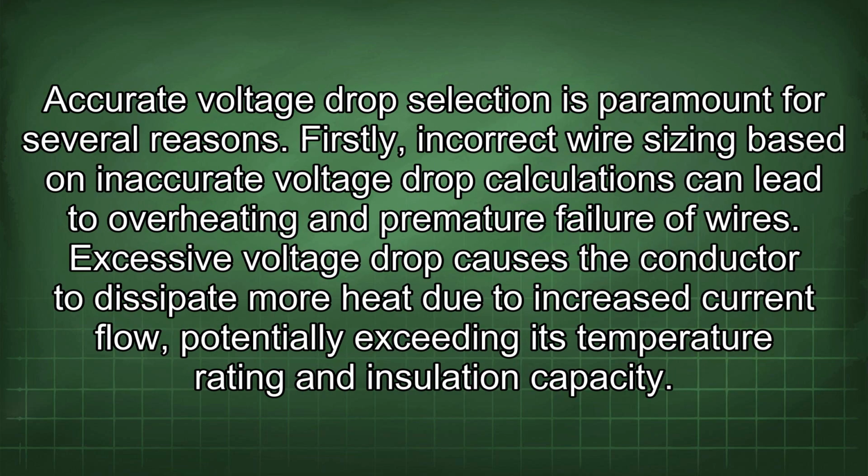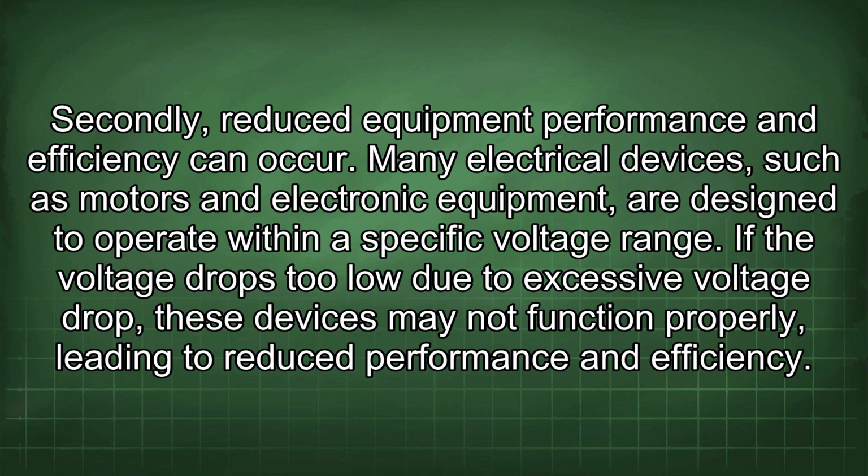Accurate voltage drop selection is paramount for several reasons. Firstly, incorrect wire sizing based on inaccurate voltage drop calculations can lead to overheating and premature failure of wires. Excessive voltage drop causes the conductor to dissipate more heat due to increased current flow, potentially exceeding its temperature rating and insulation capacity. Secondly, reduced equipment performance and efficiency can occur.